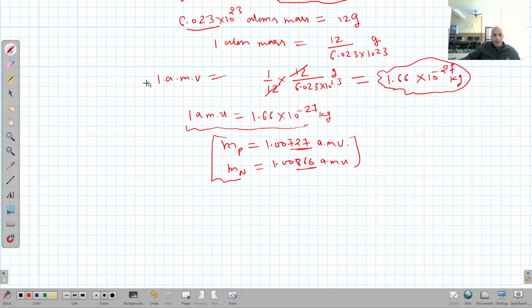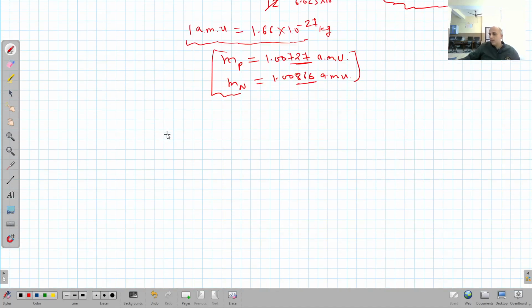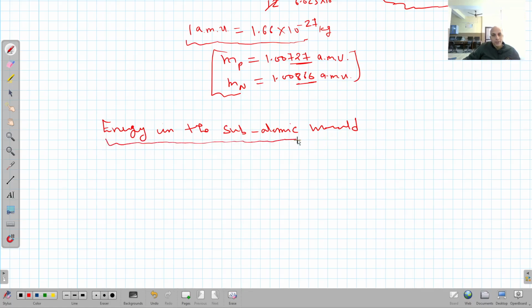Now I am coming to the next property of the atomic nucleus, that is energy. In the subatomic world, energy is related to the atomic nucleus, the neutron, the proton, and the electrons.